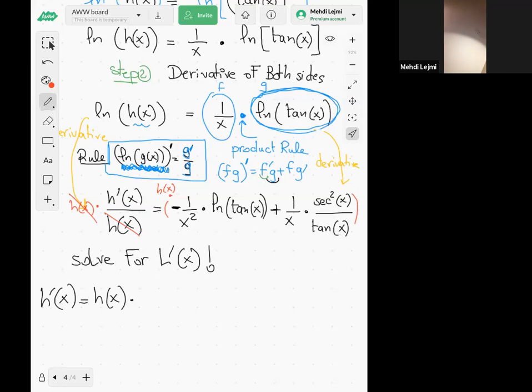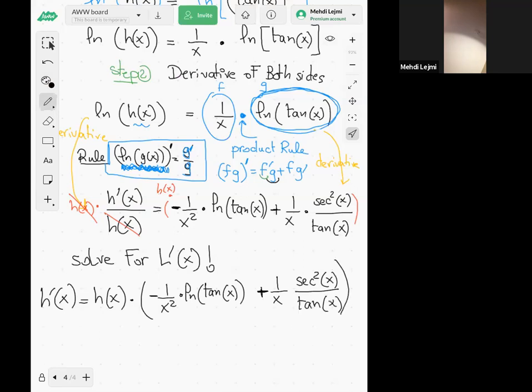So h prime is equal to h of x times the whole thing: times minus 1 over x squared times ln of tangent of x, plus 1 over x times the secant square of x over tangent of x.